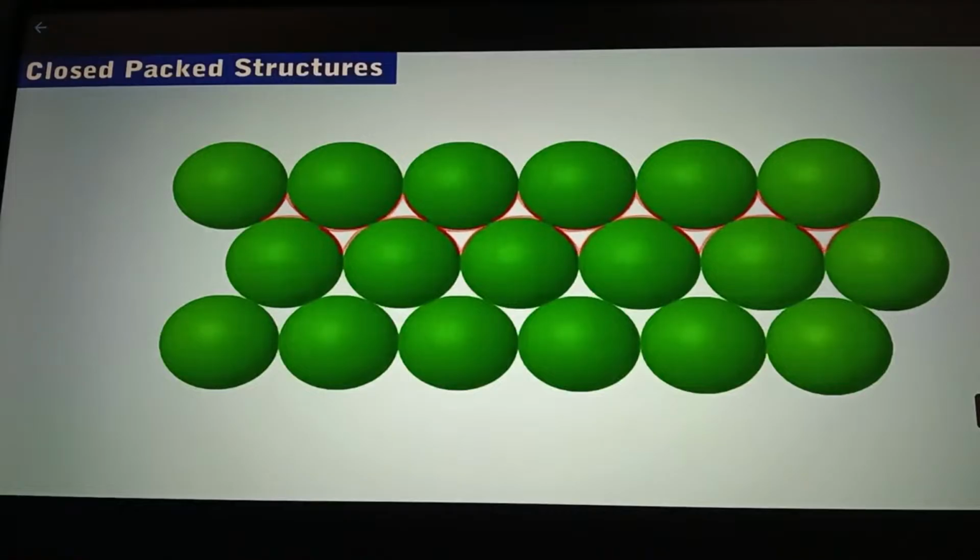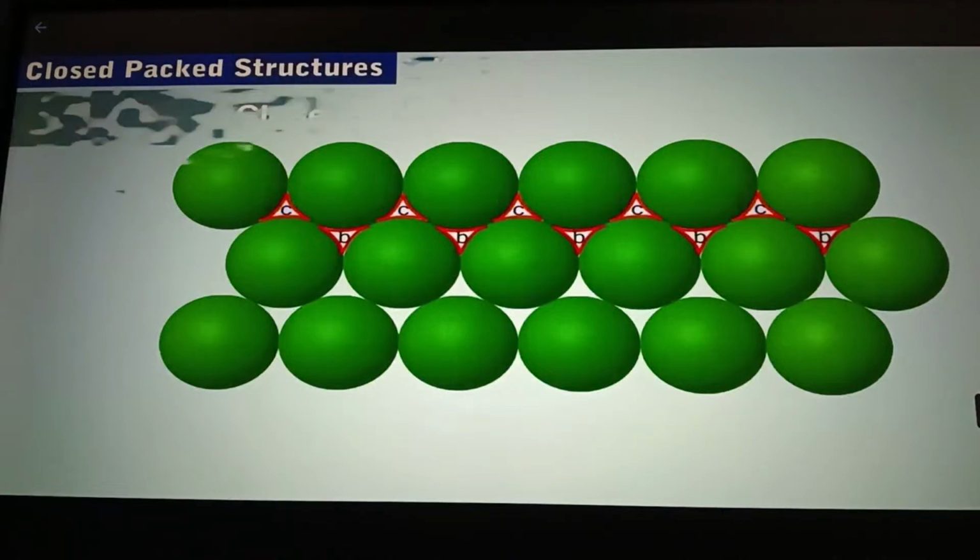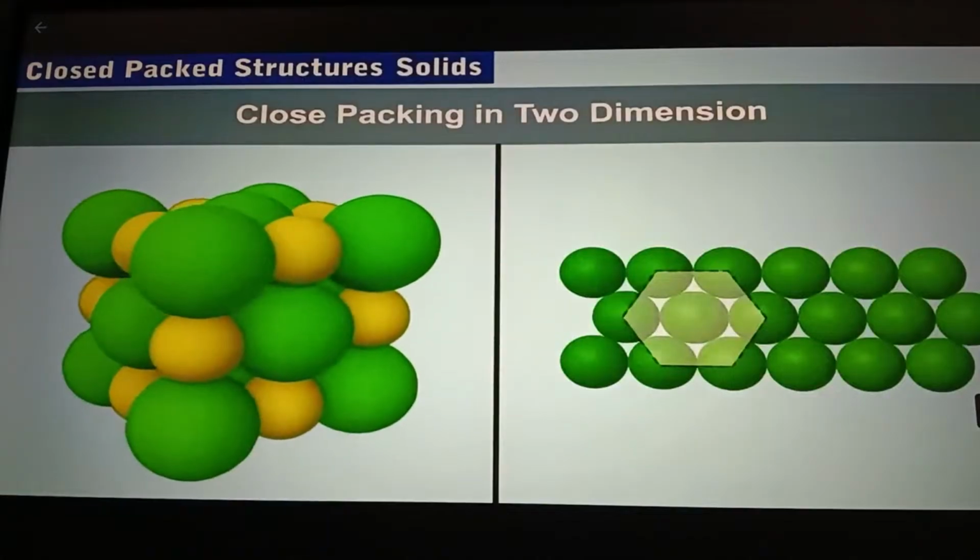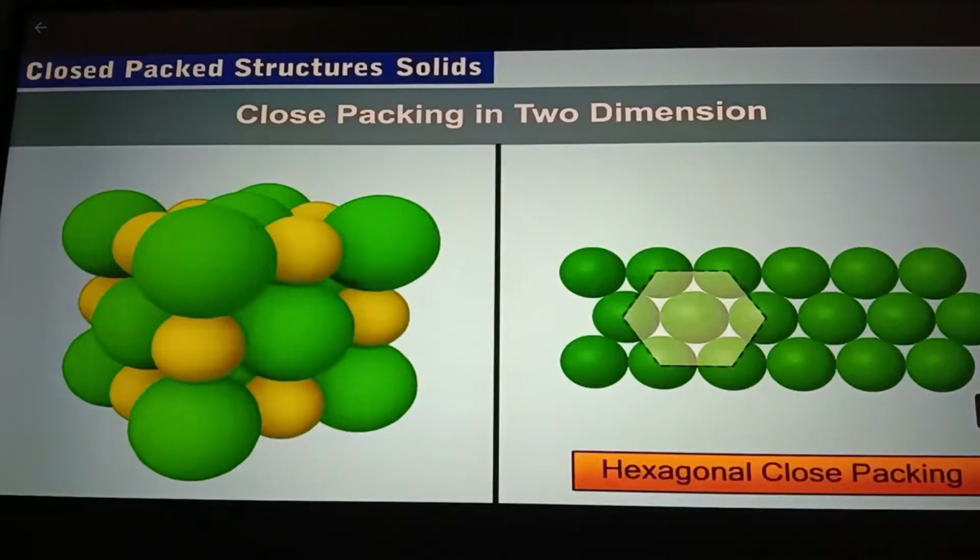These spaces left between the spheres can be divided into 2 kinds, B and C. The spaces marked B are the ones in which the apex of the triangular spaces is pointing downwards, while the spaces marked C are the ones in which the apex of the triangular spaces is pointing upwards. As real crystals are all 3-dimensional in nature, we will use this 2-dimensional hexagonal close packing to build through 3-dimensional structures later on in this course.